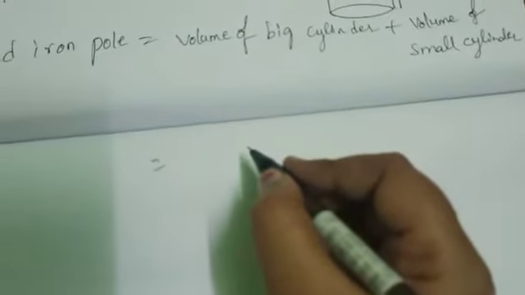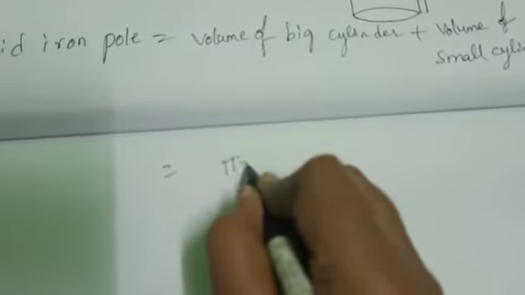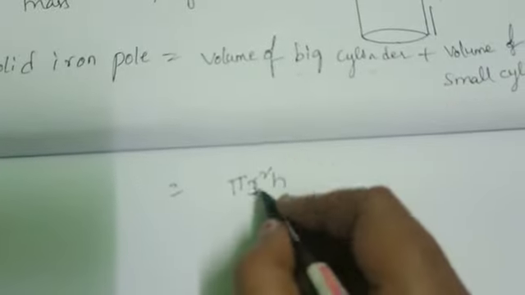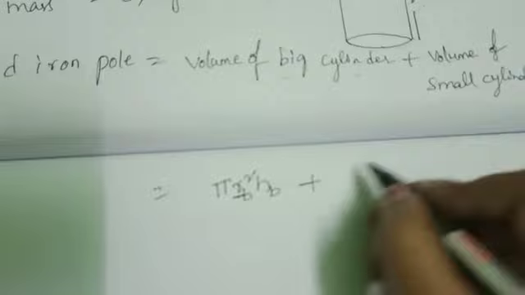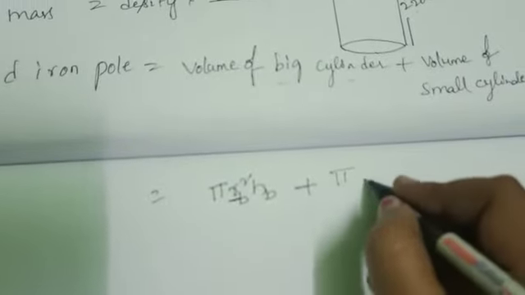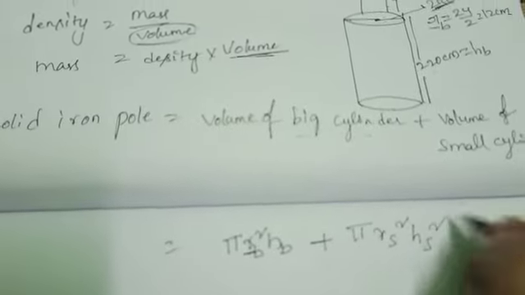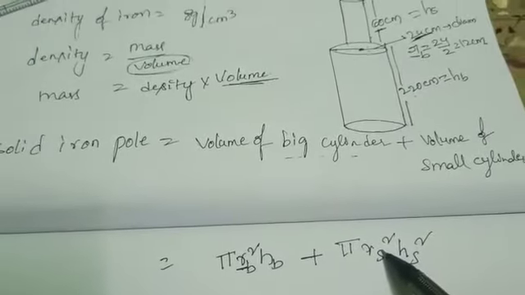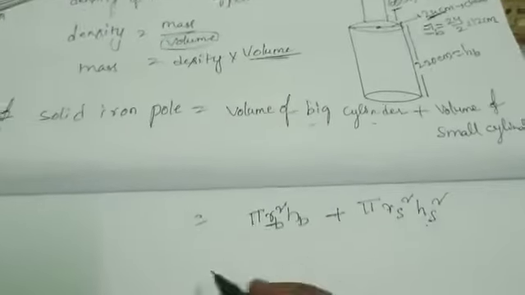Volume of cylinder is pi r square h. Here volume of big cylinder is pi RB square HB plus volume of small cylinder is pi into RS square HS. Here RS is the radius of small cylinder and HS is the height of the small cylinder.